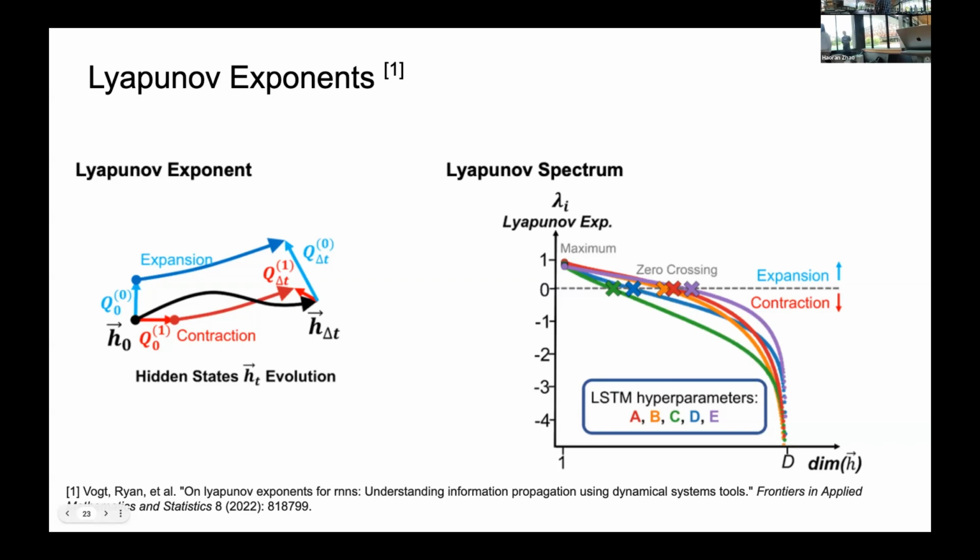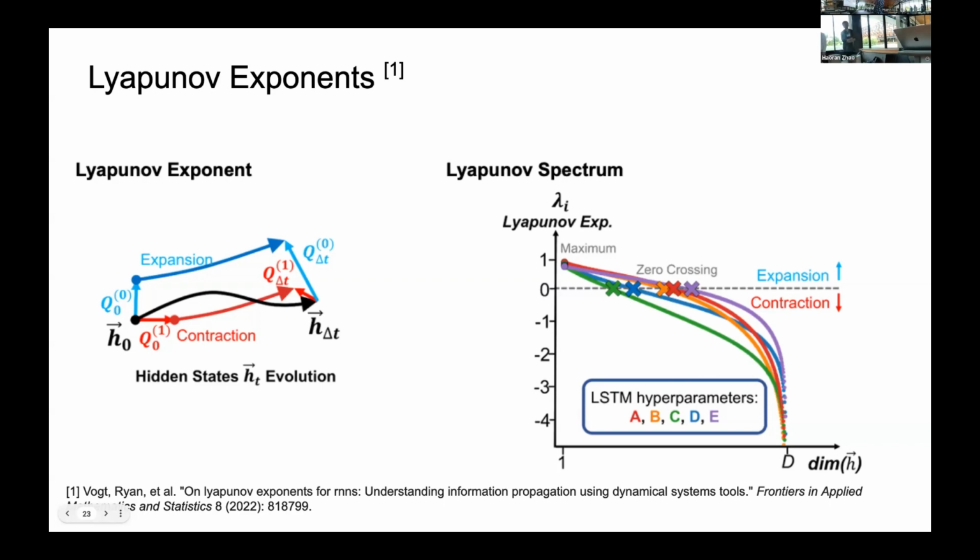Oh yeah, so if you look at the Jacobian matrix, actually we do the QR decomposition, then the Q matrix. On this side, this is just a toy example. At first, each of the Q1 and Q0 directions are the unit distance.